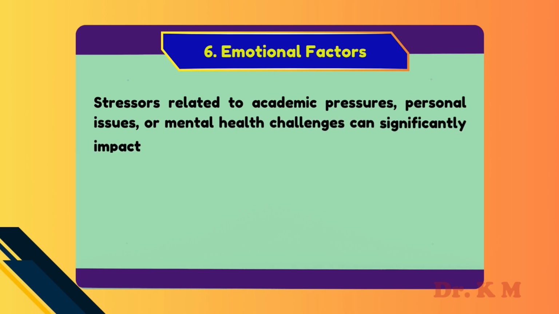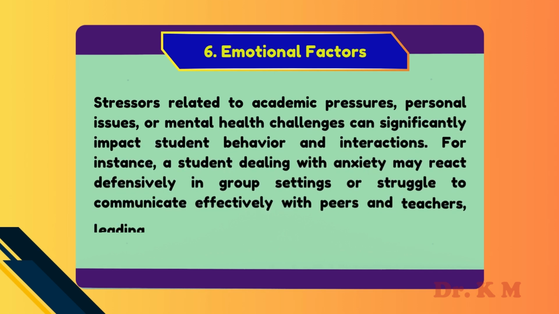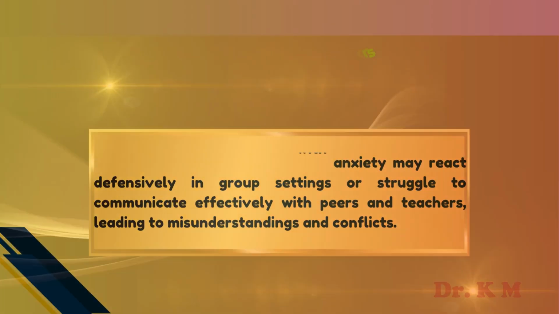Emotional factors. Stressors related to academic pressures, personal issues, or mental health challenges can significantly impact student behavior and interactions. For instance, a student dealing with anxiety may react defensively in group settings or struggle to communicate effectively with peers and teachers, leading to misunderstandings and conflicts.